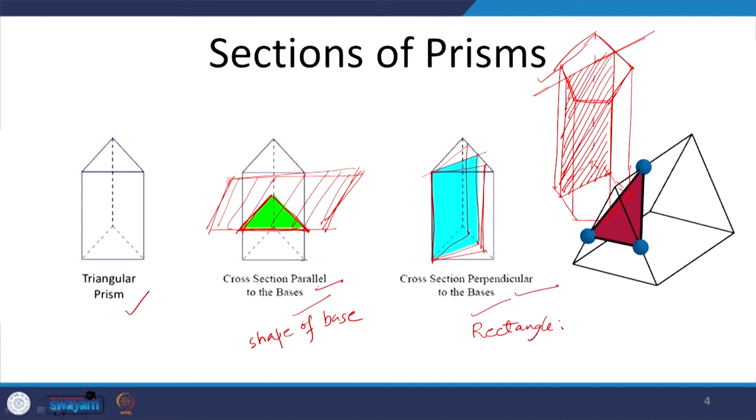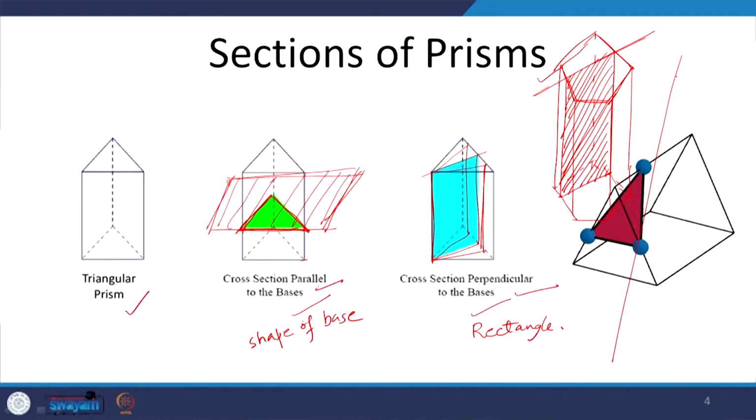There is another condition where if the plane is inclined to the prism, in that case it will depend on where the plane is cutting it from. So, in most of the cases, we will get a distorted shape of the base. In this case, since it is inclined and it is a triangular prism, we will get a distorted triangle.